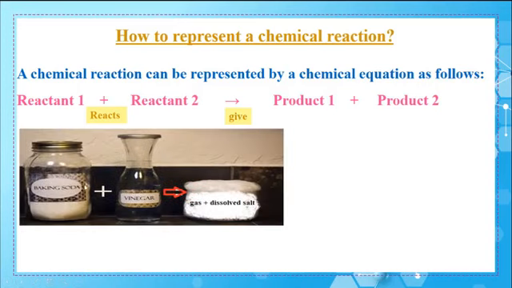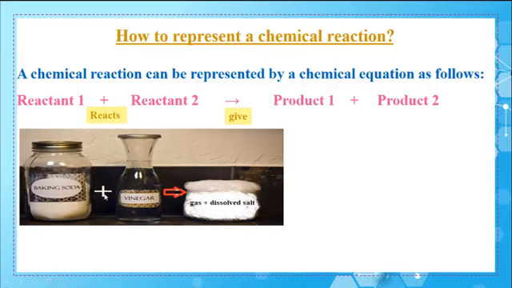Here, observe this chemical reaction. Baking soda and vinegar. At the end, we'll obtain gas plus dissolved salt. Let's place plus for react and the arrow for give to make this statement.